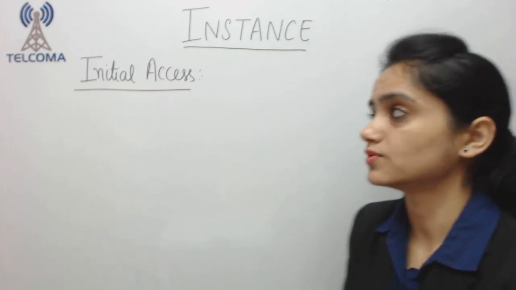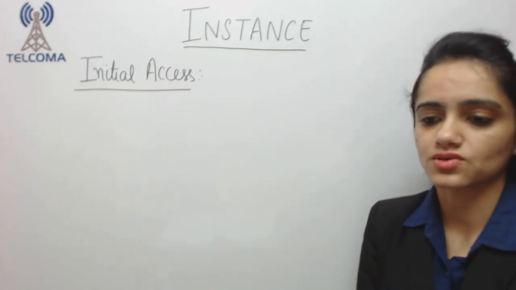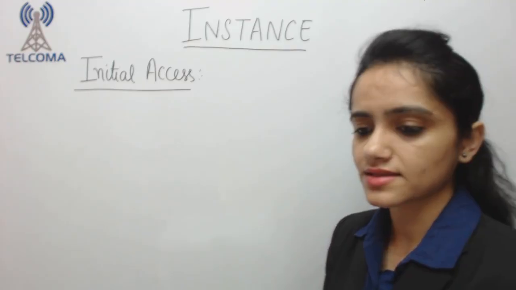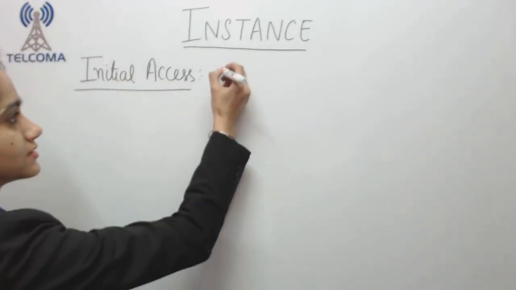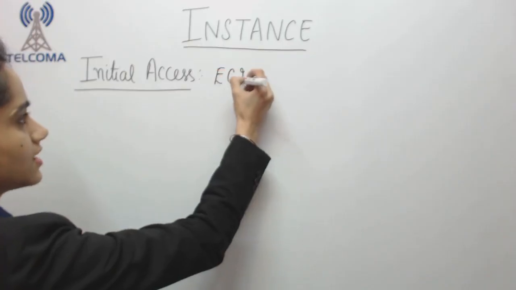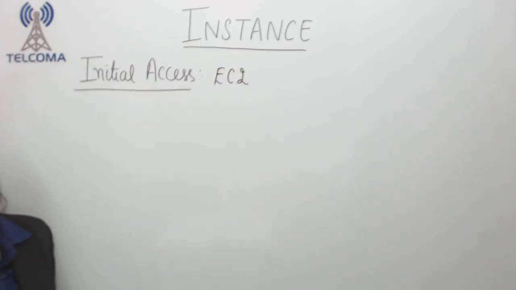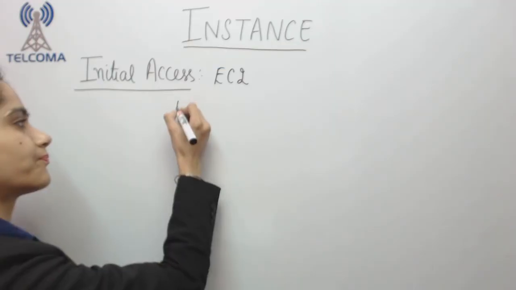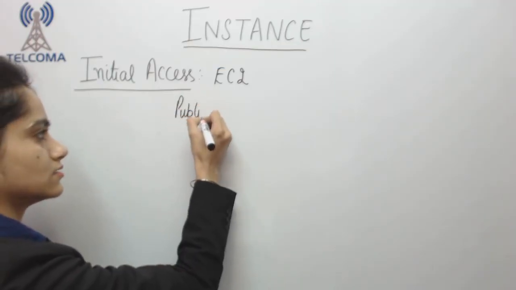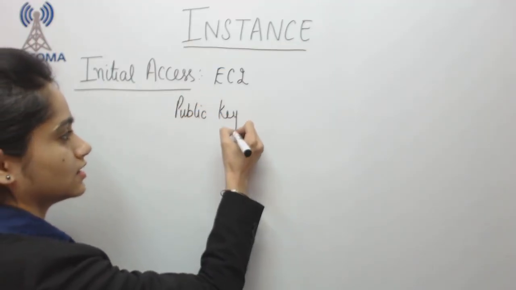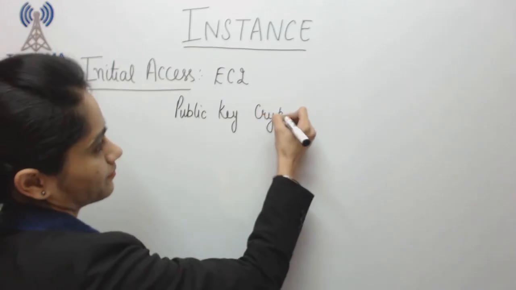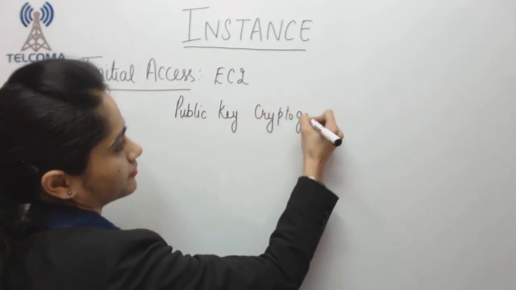In this class we are going to talk about initial access of an instance. Now in this case, Amazon EC2 uses public key cryptography.